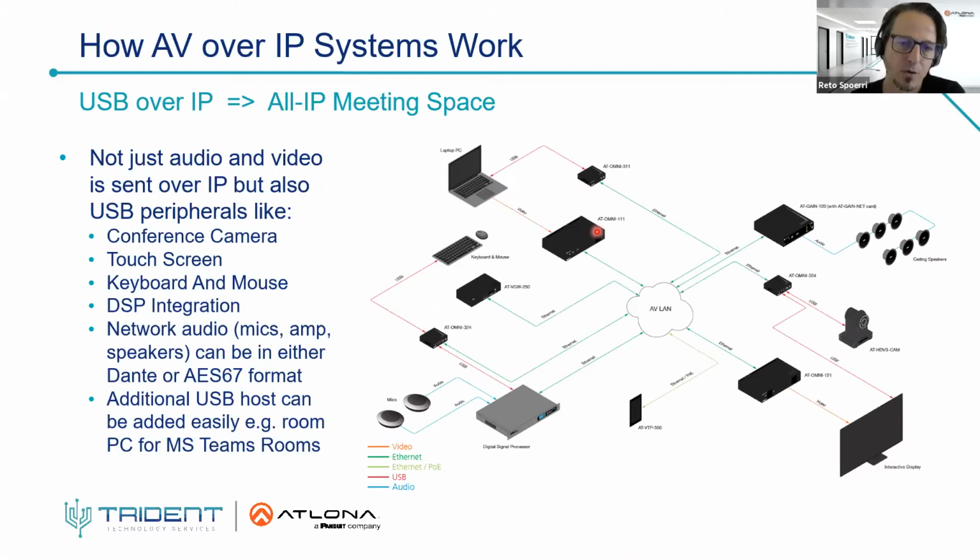This is one of the reasons that AVoIP is getting so much attention compared to circuit-based like HDBaseT, because HDBaseT works with matrices, with frames. And if that frame is full, you cannot simply add any more inputs or outputs. Versus with AVoIP, you can always extend.